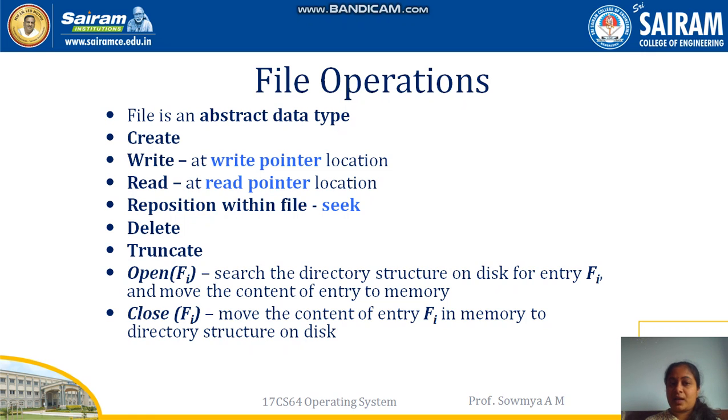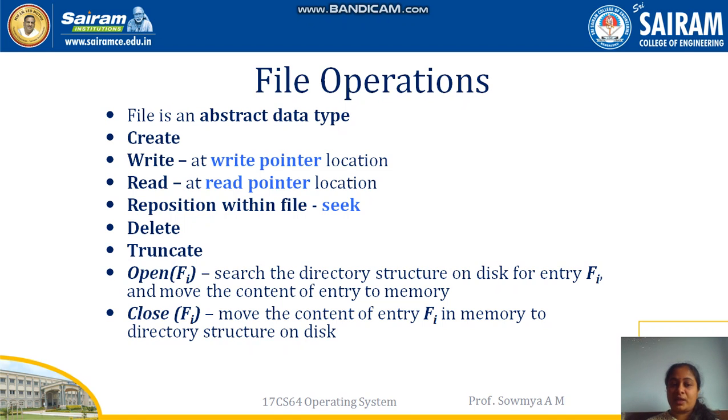Write operation writes at the write pointer location, where the pointer is presently located; from there you can write onto the file. Read is for reading the file, and the read pointer is used. Next one is repositioning within the file, for which we use a pointer operation called seek. Delete is used for deleting the file.